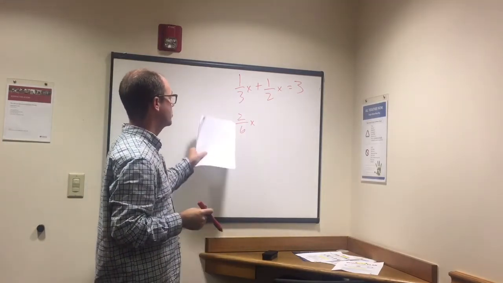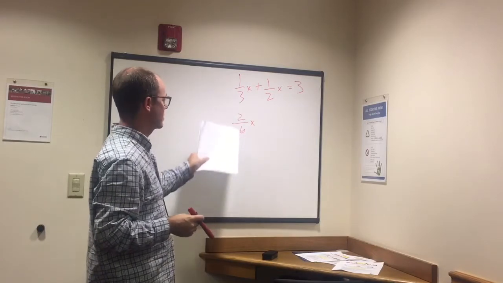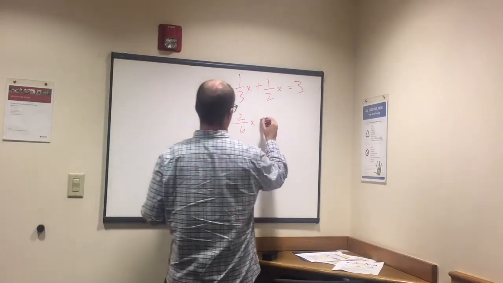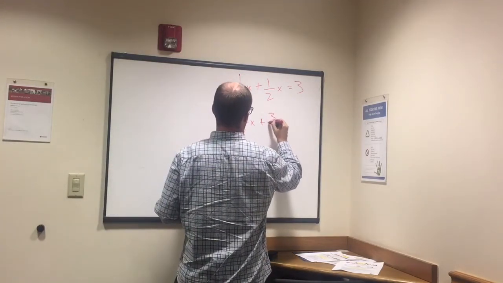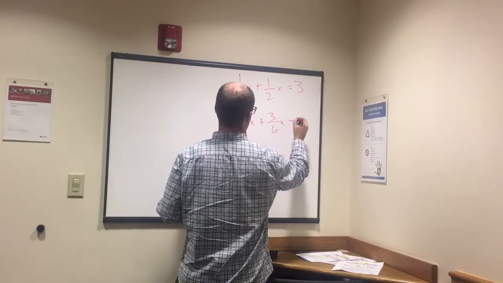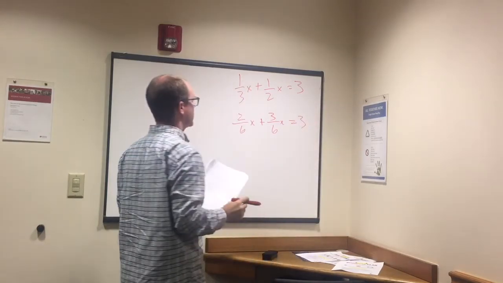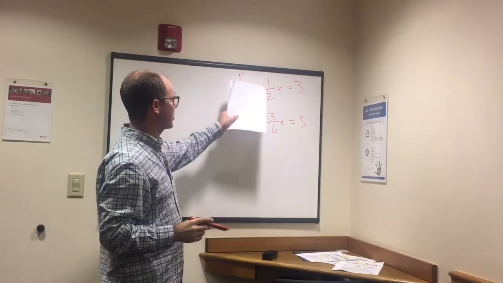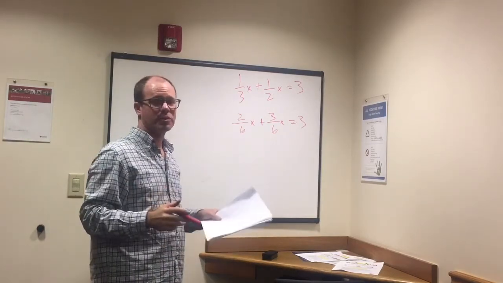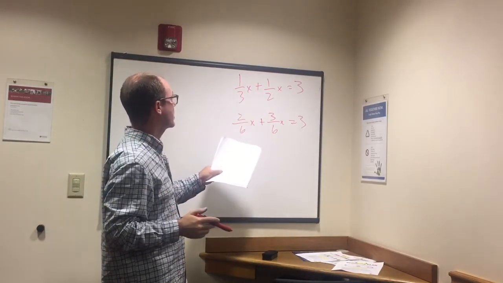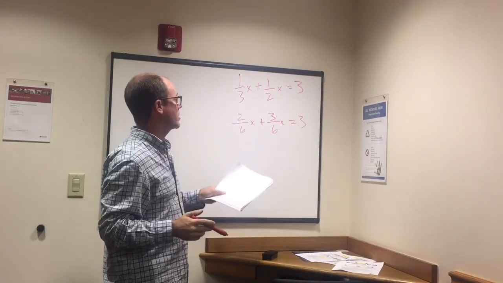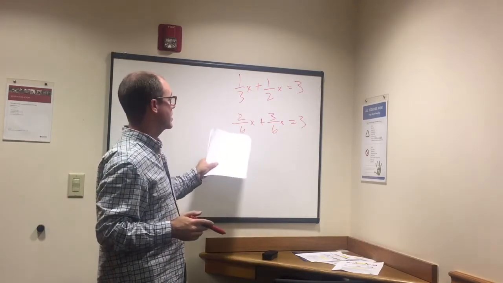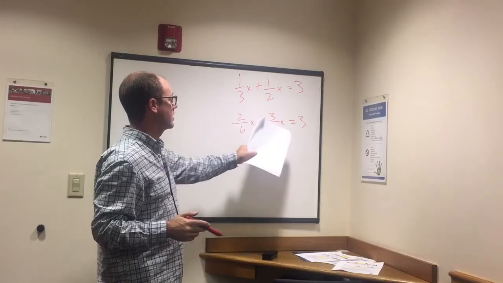1 times 2 is 2, 3 times 2 is 6, so 2/6 x plus 3/6 x equals 3. The way I did that with the 1/2 x, I multiplied numerator and denominator by 3, so 1 times 3 is 3, 2 times 3 is 6, now we have 3/6 x equals 3.